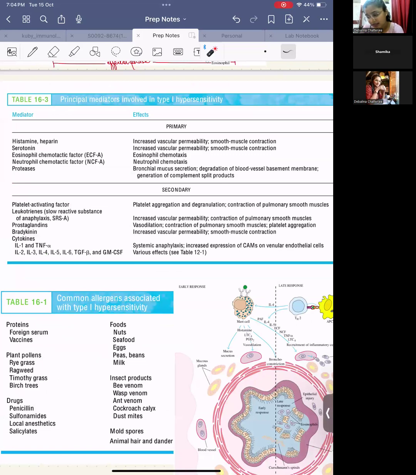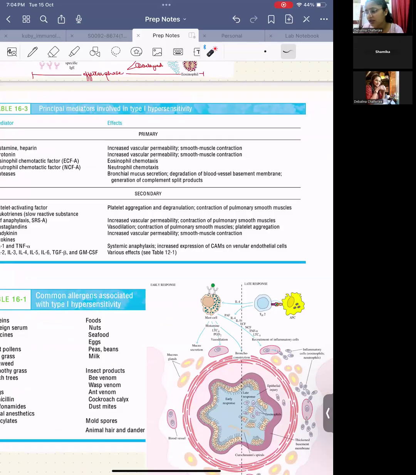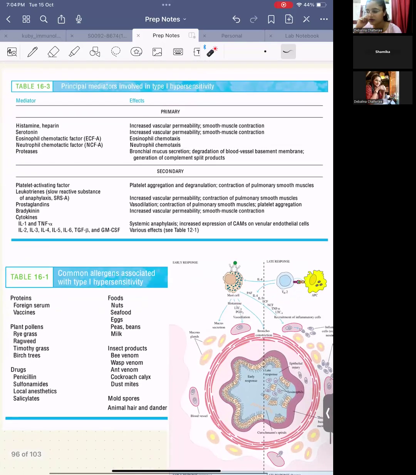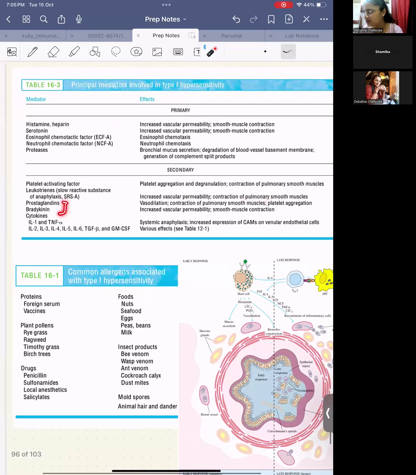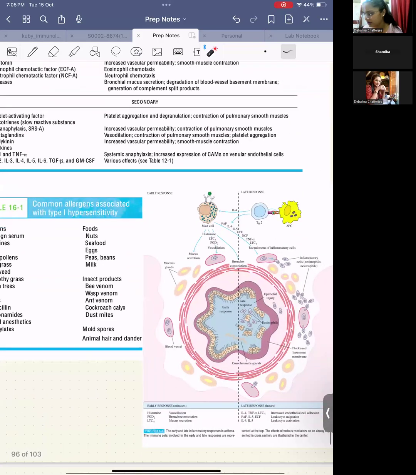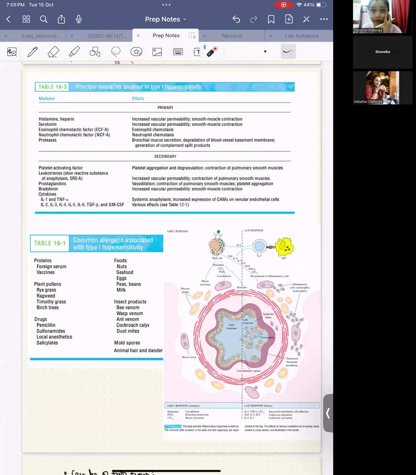But if the same response is exaggerated, it also leads to the degranulation of your vasoactive components from your mast cells and basophils, and eventually an inflammatory response is going to follow. Okay, so leukotrienes again mediate vasopermeability, contraction of pulmonary muscles, then bradykinins, prostaglandins. So it's redundant information, and you can try and remember as much as possible, right?